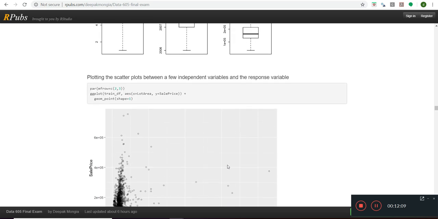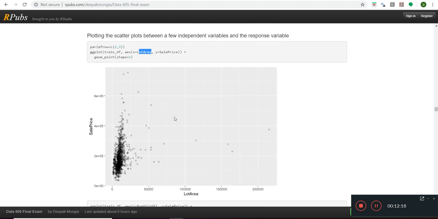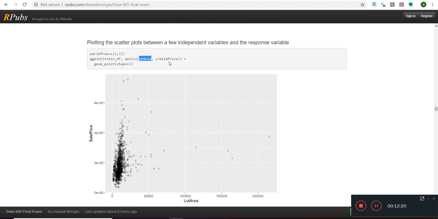We're trying to draw some scatter plots between the response variable and a few of the independent variables. Like we've defined here the scatter plot between lot area and the sale price, and it looks to be a very decent regression line.